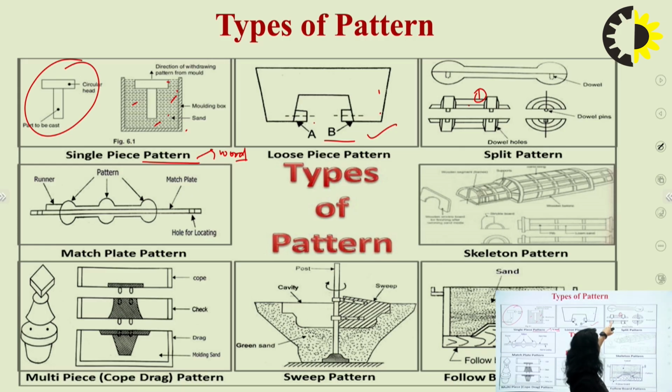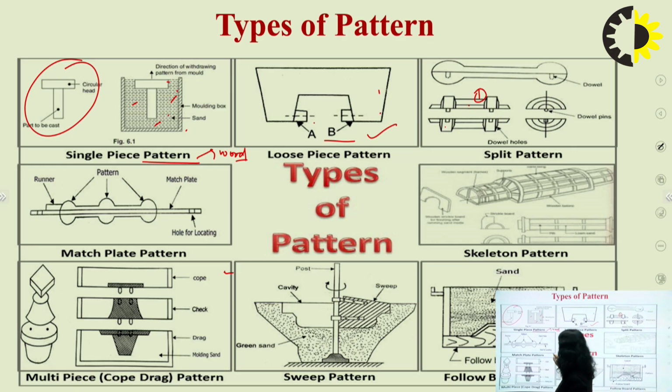So you can see here that in one of the halves the slots are provided, and in the other half the pins are provided for the proper alignment of these two halves of the pattern. So in the case of shapes which are difficult to produce from the single piece pattern, we will use the split pattern.